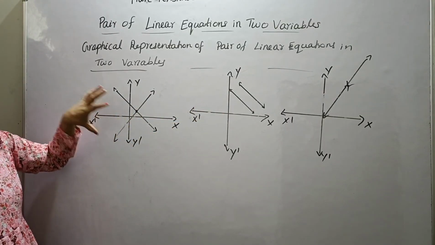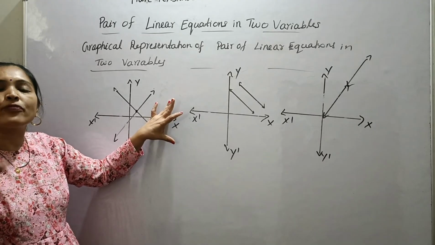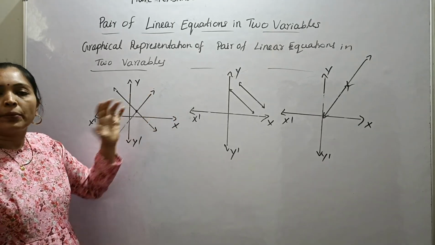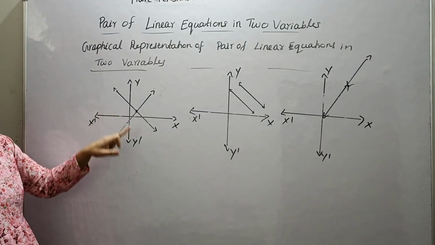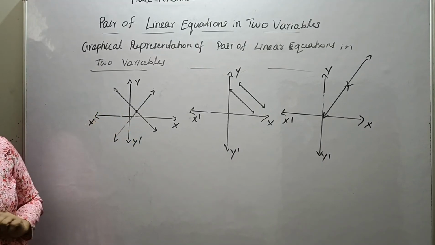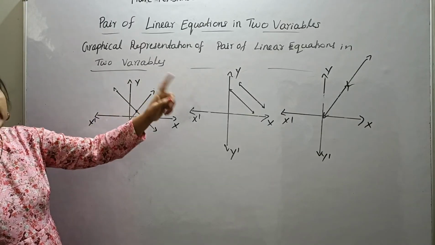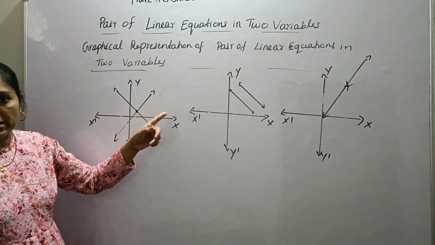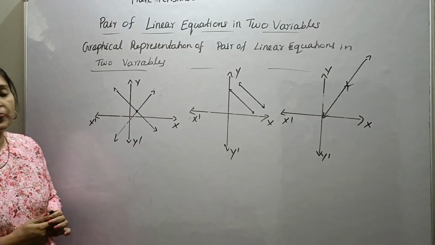By this graph we can say the features or behavior of solutions. If two lines intersect at a point, then the pair of linear equations in two variables has only one solution.